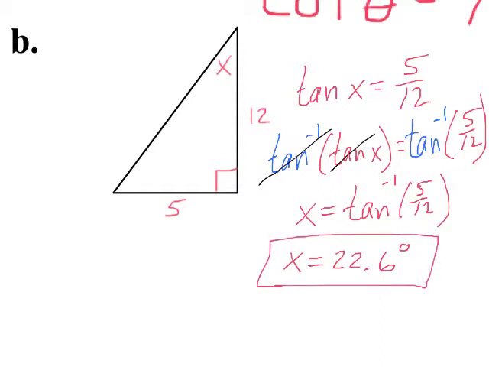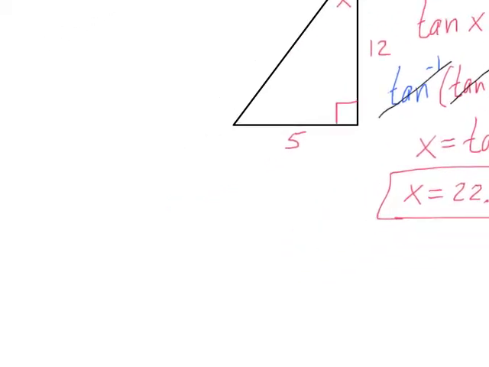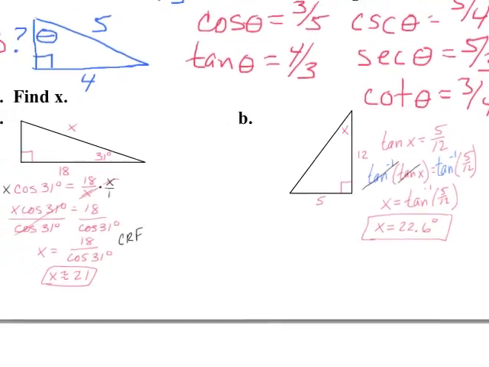So when I'm doing inverse tangent, that button tells us what angle will give us this ratio of 5/12. Okay, let's keep moving.